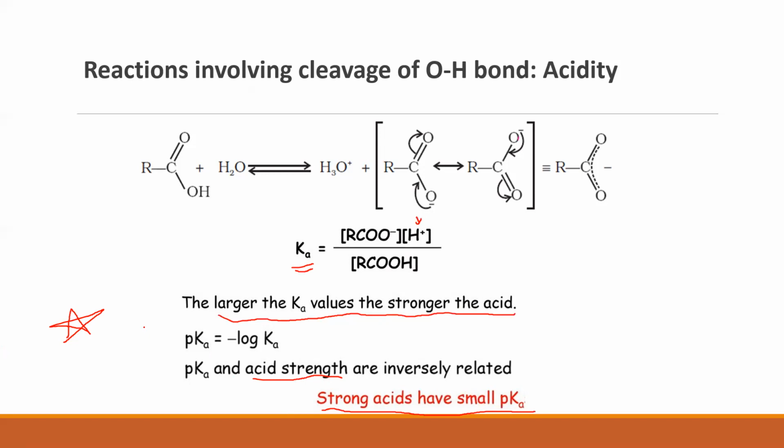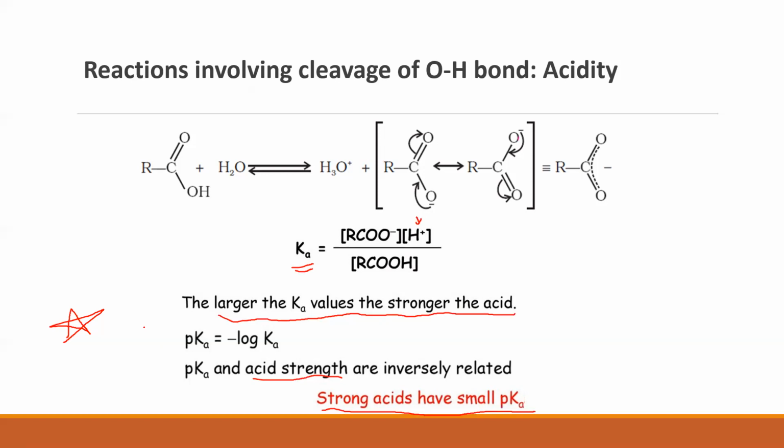They might ask you which of them is the strongest acid, which of them is the weakest acid, or they'll give you a number of acids with pKa values and Ka values and ask you to arrange them according to increasing order of acidic strength or decreasing order, ascending order, descending order. The way the question can be asked is endless.